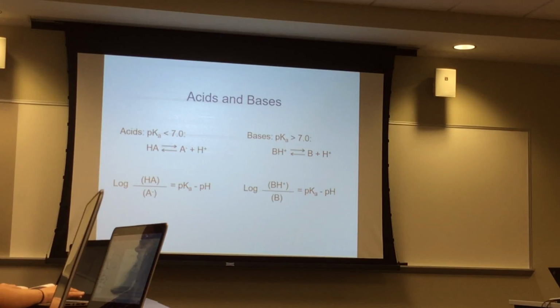But this may not be crucial for you guys. With this formula, if it's an acid, protonated divided by unprotonated equals pKa minus pH. So you have the pKa of the acid, you plug in the numbers, and you have the pH of the medium. Then you can decide if the difference between these, for example, is 4.